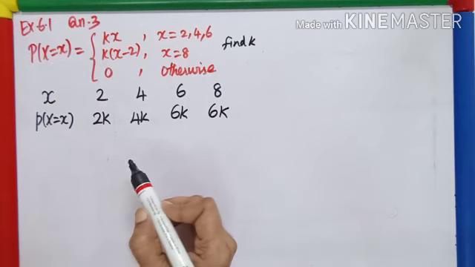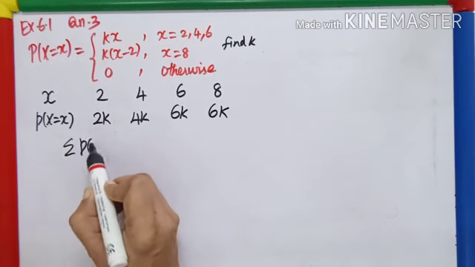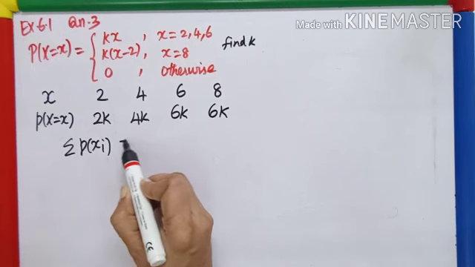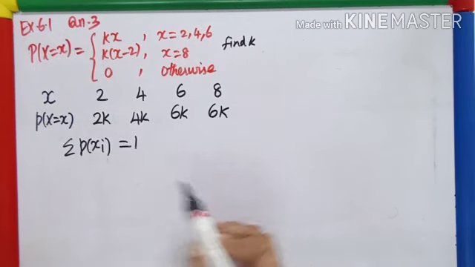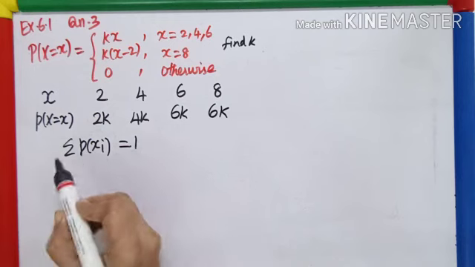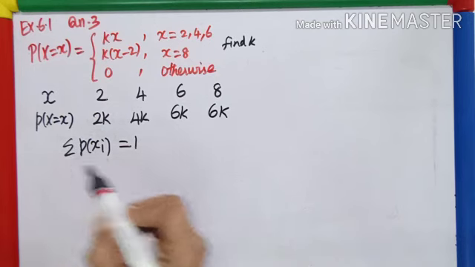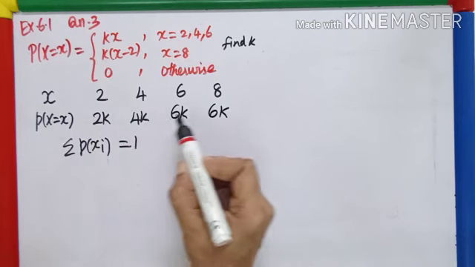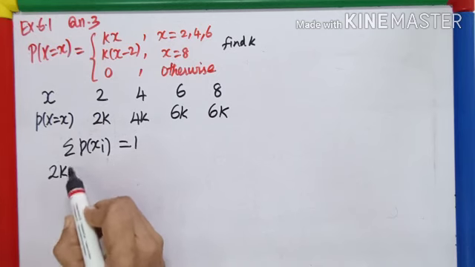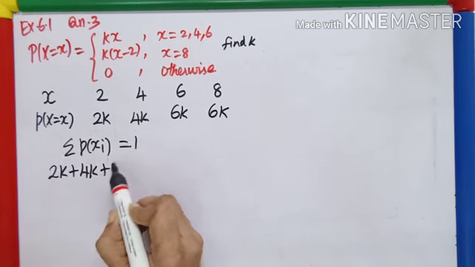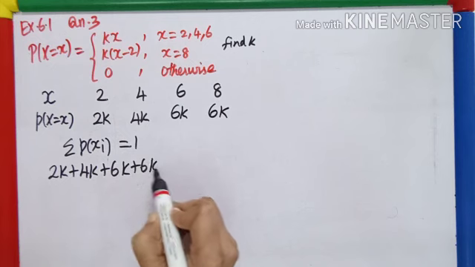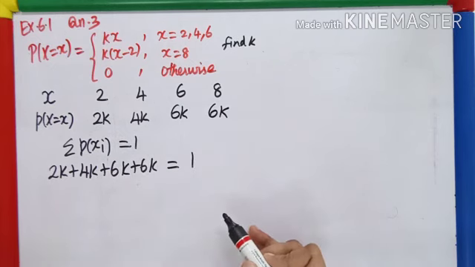We know sigma p of xi is equal to 1. That is total probability. The letter sigma stands for total. Total probability is 1. What do you mean by the word total probability? Add all the probability. My answer is 1.